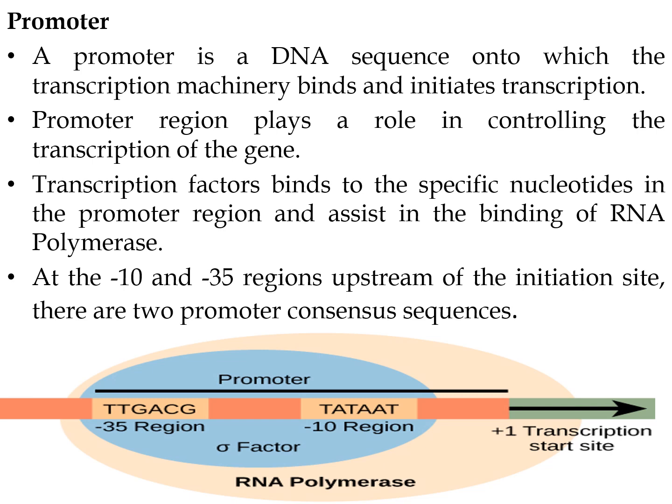Transcription factors bind to specific nucleotides in the promoter region and assist the binding of the RNA polymerase. So you must know which one is the promoter. The promoter is simply prior to the transcription start site. For example, here your gene is present. This region must be transcribed.